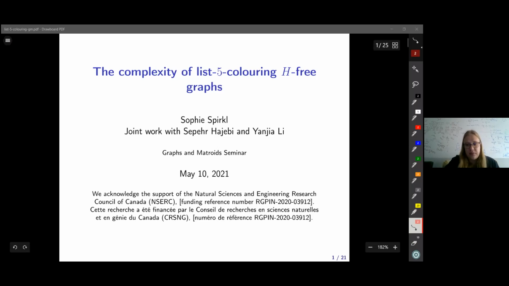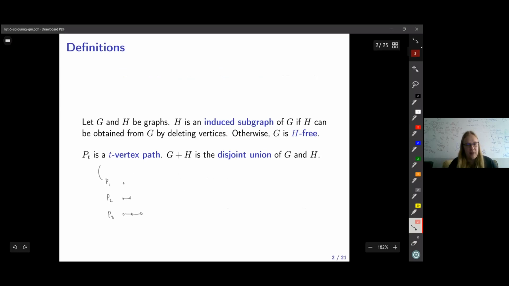All right, so this is about induced subgraphs. Everything I say will be about induced subgraphs, which just means if you have graphs G and H, then H is an induced subgraph of G if we can get from G to H by deleting vertices. So you're not allowed to delete edges unless you also delete at least one vertex associated with an edge, and you're not allowed to contract things.